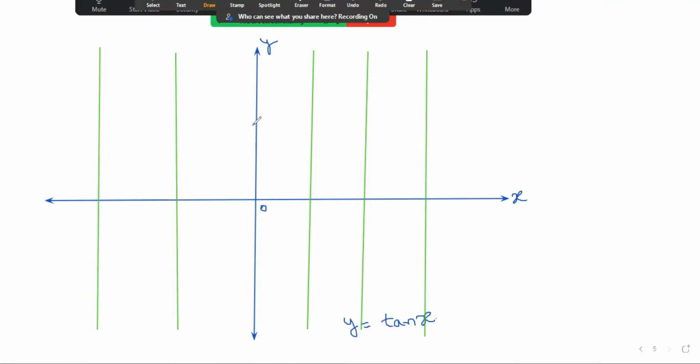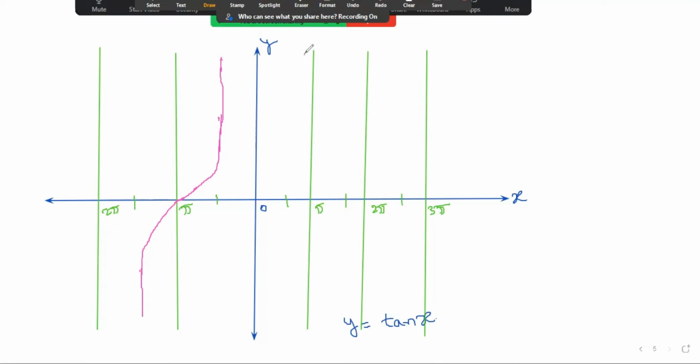So next, this value is 0, this is pi, this is 2 pi, this is 3 pi. In the middle, these lines have to cross. So the value will be maximum at pi by 2. It has to cross pi, and it will go to maximum at this point.